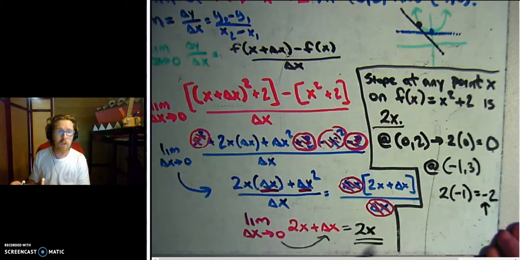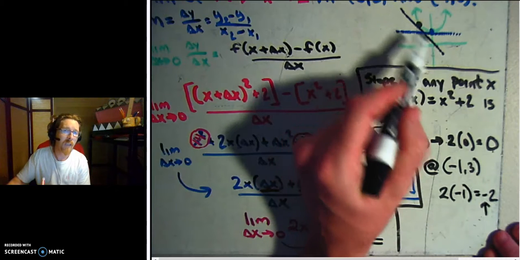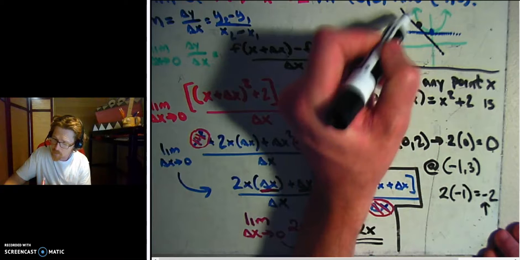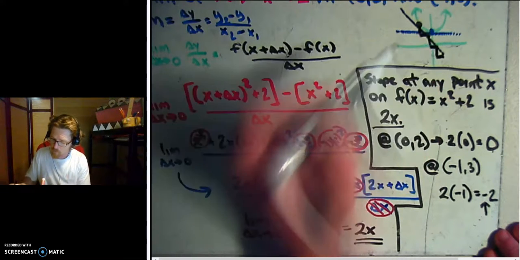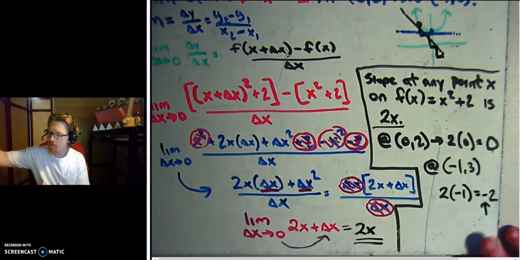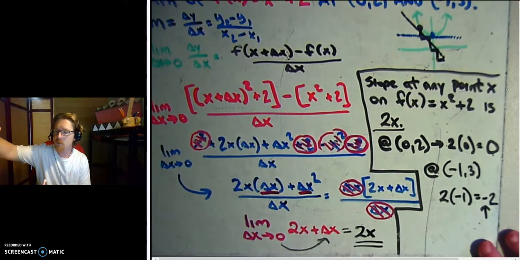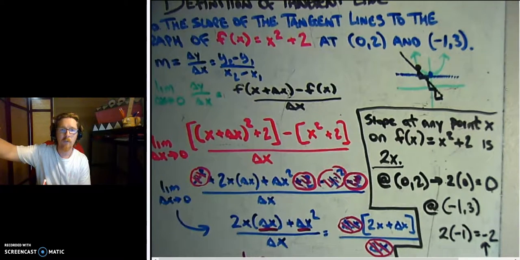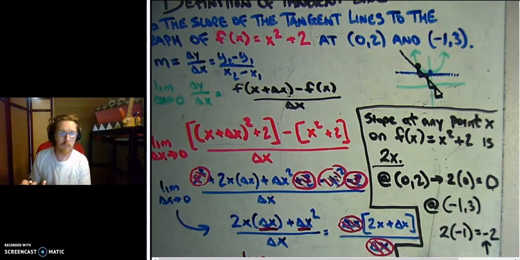Now, negative 2 checks out too, because if I go back and think about what this line looks like, it has a negative slope, and it looks like we could go down 2 over 1, down 2 over 1, down 2 over 1. So to answer our question, the slope of the tangent lines to the graph f of x equals x squared plus 2 at 0, 2, and at negative 1, 3, the answer is 0 and negative 2.